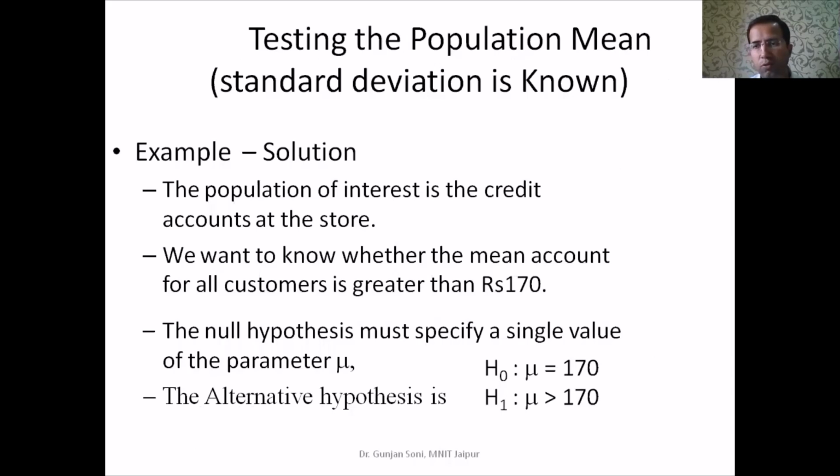In some books you would find this is the norm: the null hypothesis is always equal, while in the alternate hypothesis you can have not equal to, greater than, or less than, but you can never have equal to in the alternate hypothesis. That's a norm. Now it's your choice. If you want to put a greater than or less than in your null hypothesis, you can put it. It's not wrong.